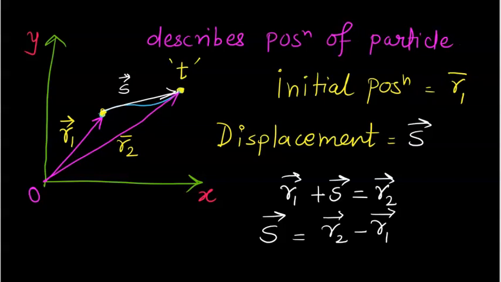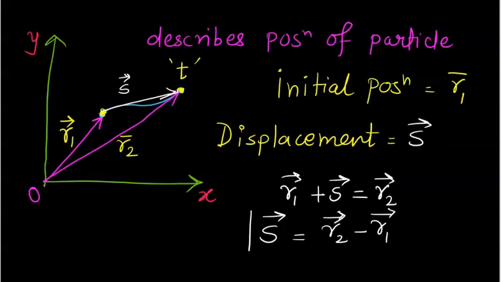Before we write it in terms of coordinates or components, you can see from here that the displacement vector is nothing but the change in the position vector, R2 bar minus R1 bar, that is, final position vector minus initial position vector. So in two-dimensional motion, this is the formula for displacement.